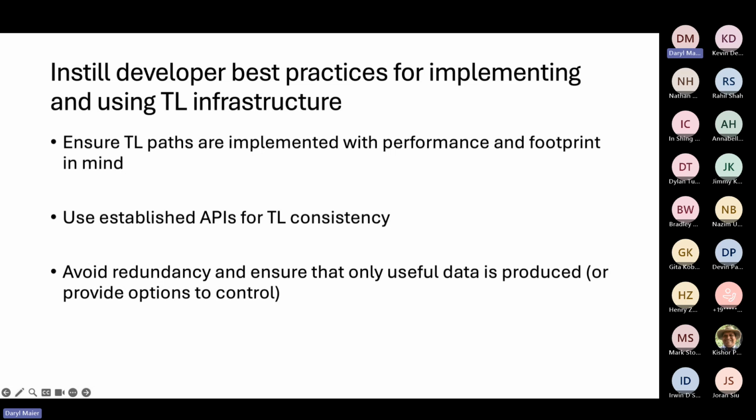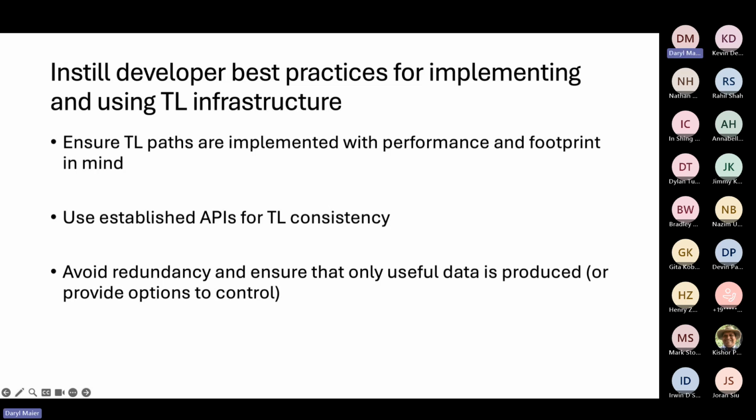So, like I said before, we need to get to this mindset that performance of tracing and logging is particularly important, and our success at investigating problems is often tied to how efficient those paths actually are. So when we're writing tracing and logging code, we need to make sure it's written with performance and footprint in mind, so that we're good citizens and we're not disturbing the rest of the compilation and perhaps causing different behavior.